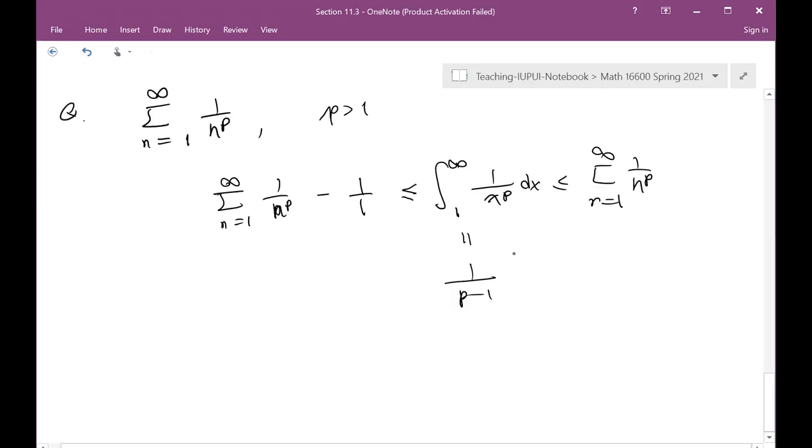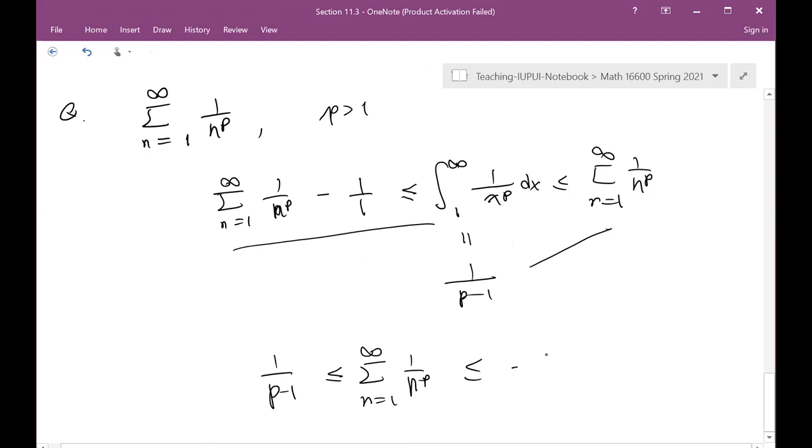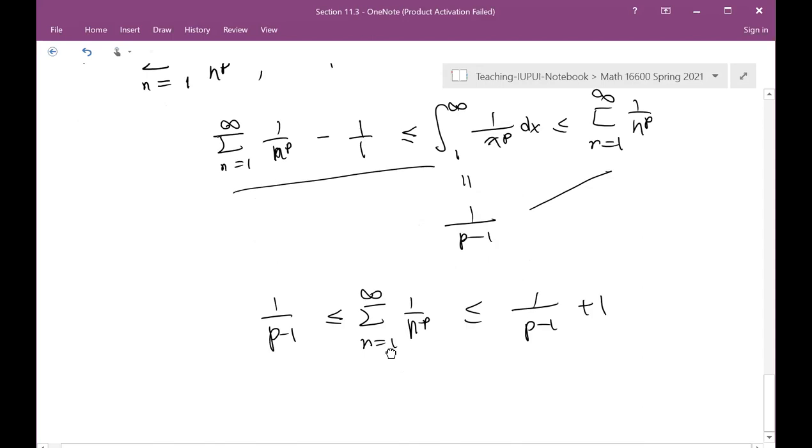From here, using this identity, you can tell that the sum is greater than 1 over p minus 1, and less than 1 over p minus 1 plus 1. So you cannot get the exact value of this series, but you can estimate it.